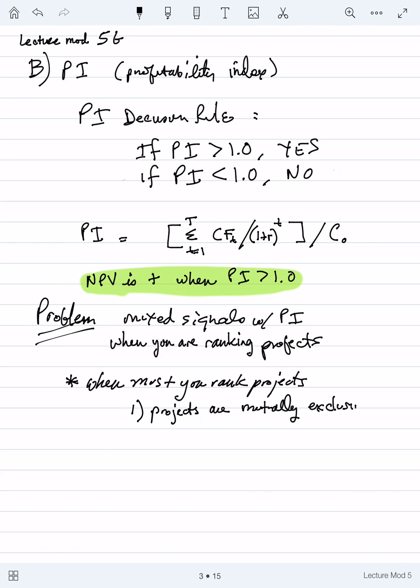They sit on their own in the corporation's portfolio, not having impacts on one another. Or the other case is that the firm is capital rationed. It's practicing capital rationing because it has a budget constraint.